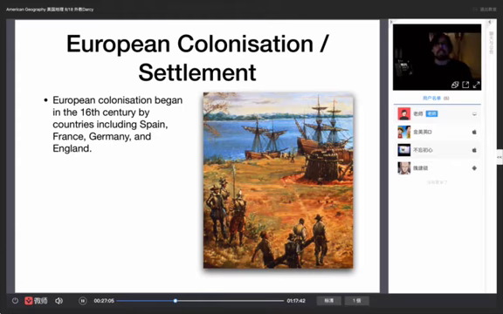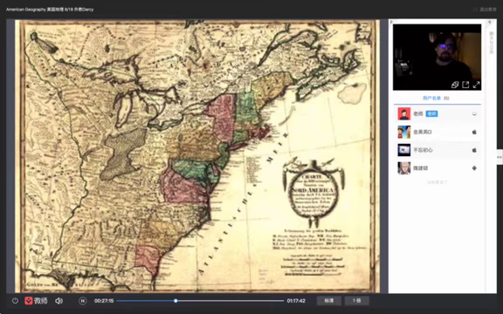European colonization began in the 16th century, or the 1500s, by countries including Spain, France, to some extent Germany and the Netherlands, and England. Here we see a map of the original 13 colonies. And then the territories to the west of that were French and Spanish.